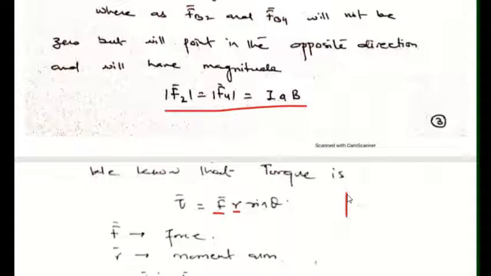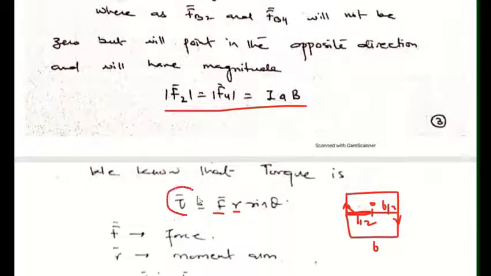So when we have this rectangular loop, with one force in this direction and the other in this direction, and if I join these, the midpoint is represented by O. The width of the loop is given by B. So if this is the center of this width, this will be B by 2, and again this side will give me B by 2. From here, this force is in this direction and this will be the moment arm, which will help in producing the turning effect, that is tau.